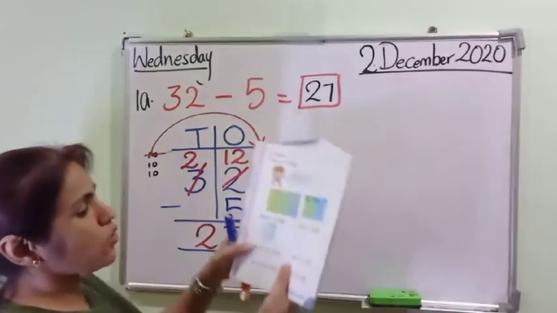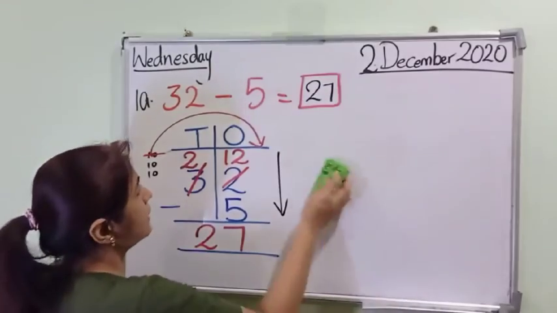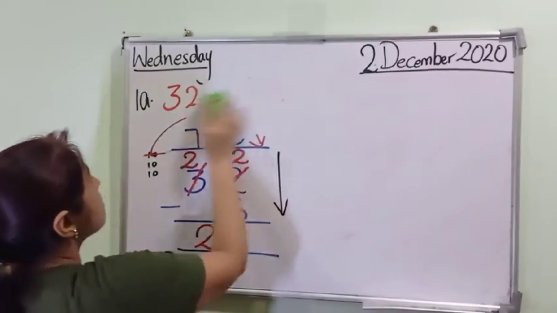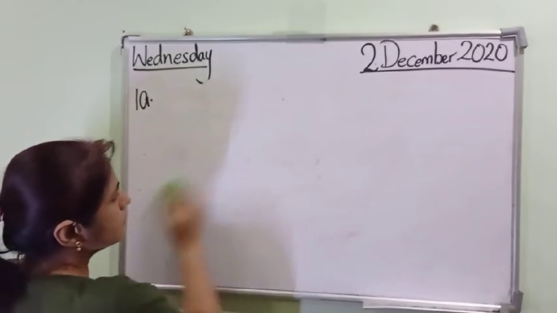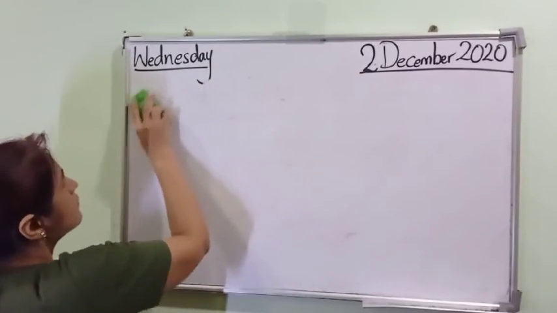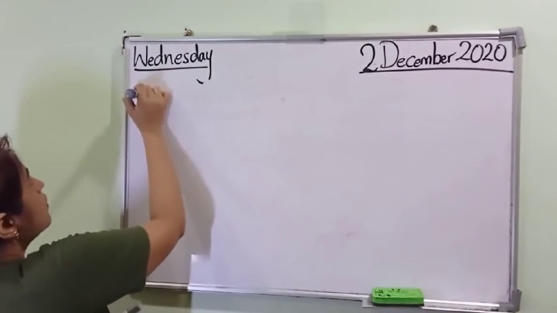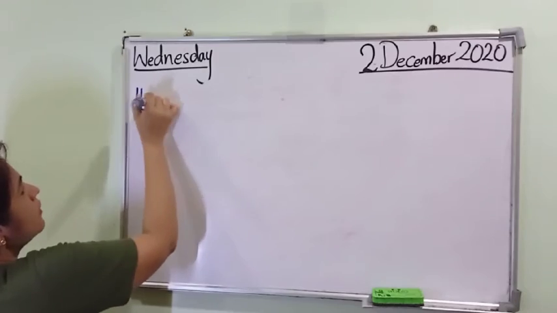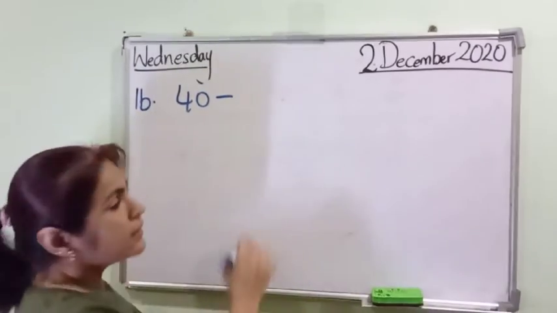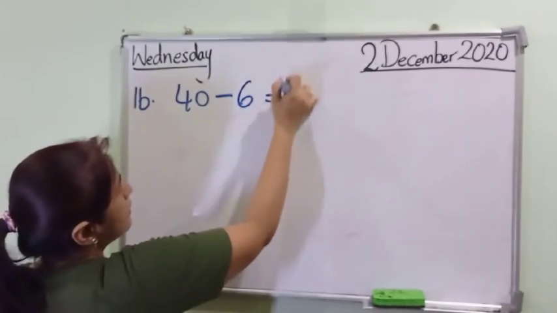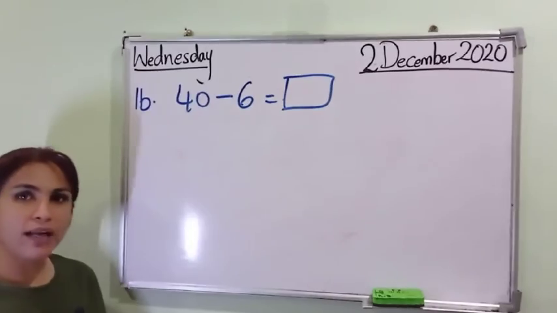The table has already been given for you. 40 minus 6. 1B, 40 minus 6. 6 is a smaller number, 40 is a bigger number.